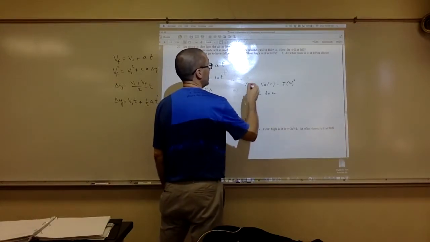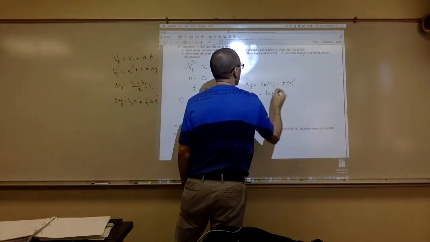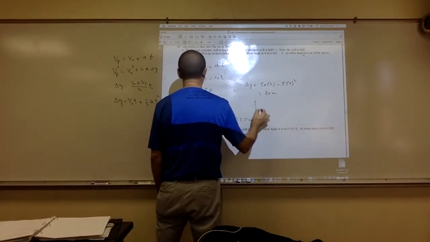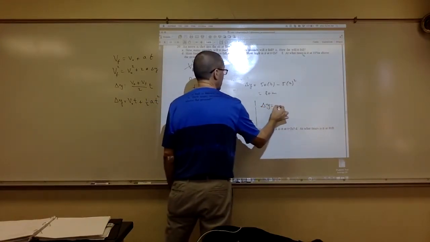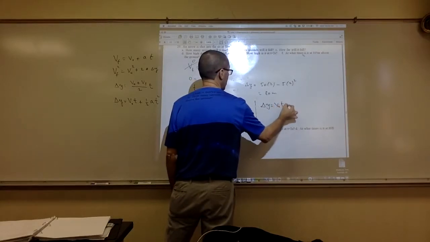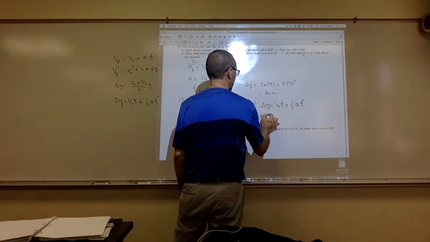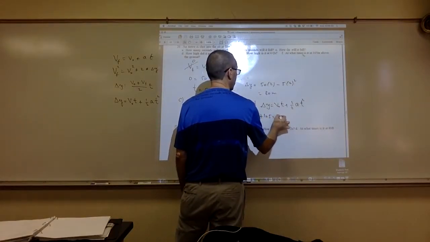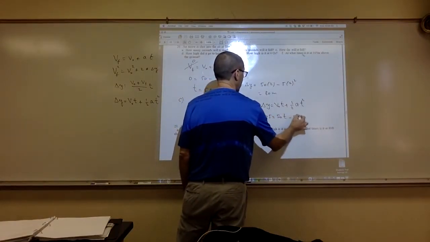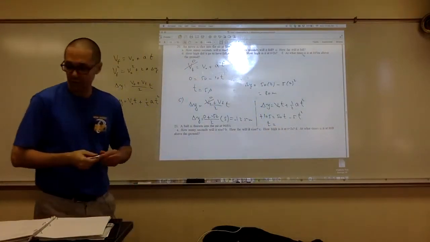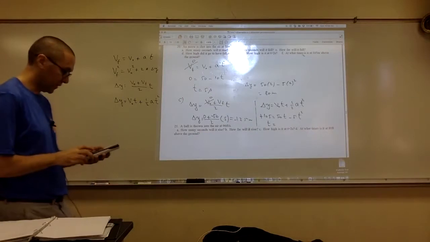That's 80. At what times is it 150 above the ground? So I think we have to use the one that has the quadratic. So delta y equals V0 t plus half a t squared. This is positive 150 equals 50 t minus 5 t squared. And we solve for the time, and we should get 2 values.